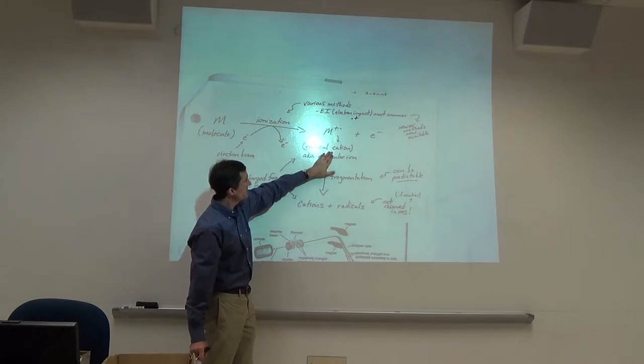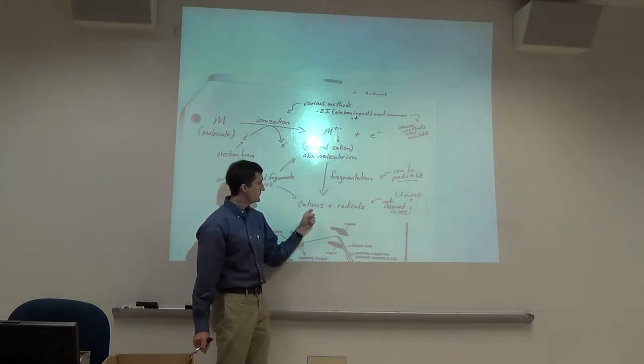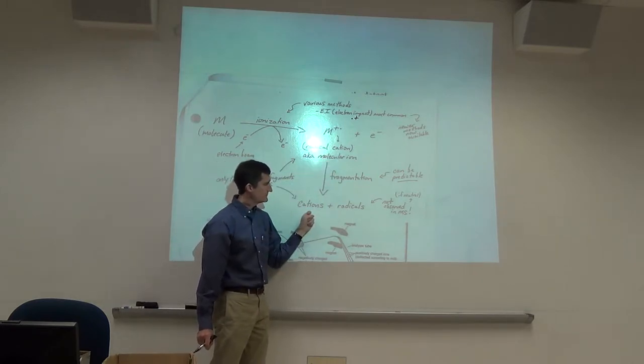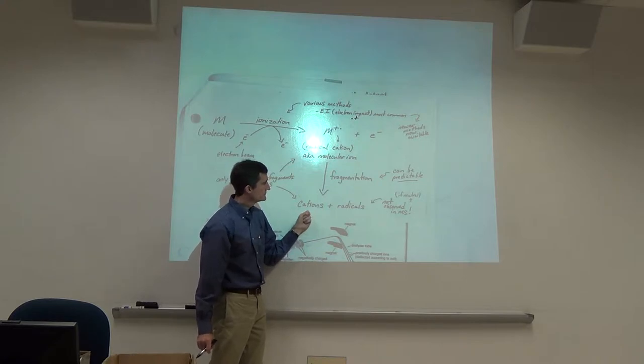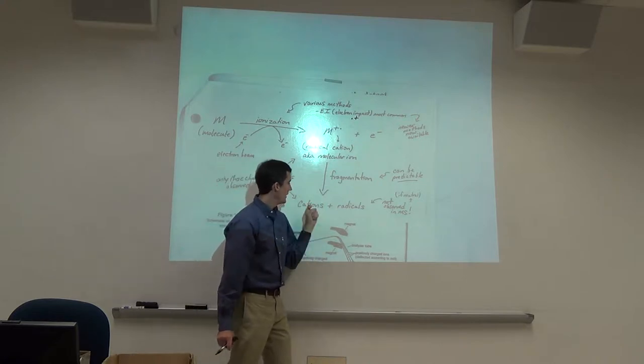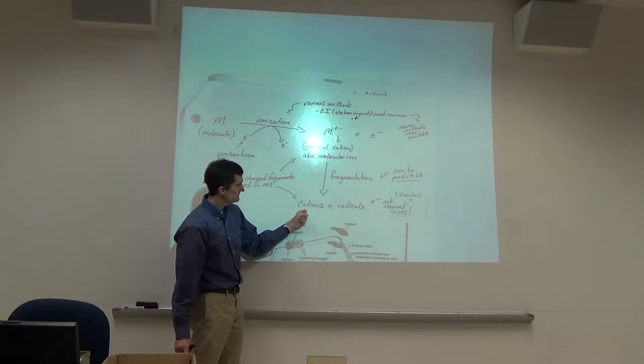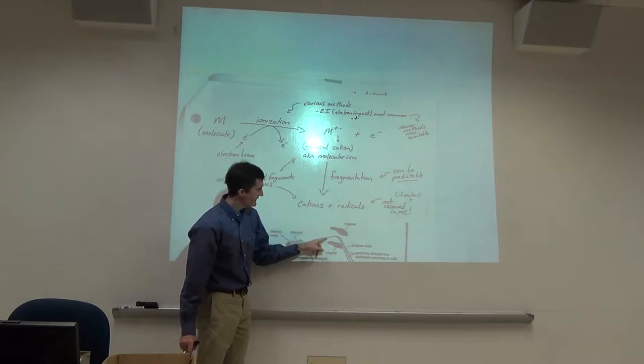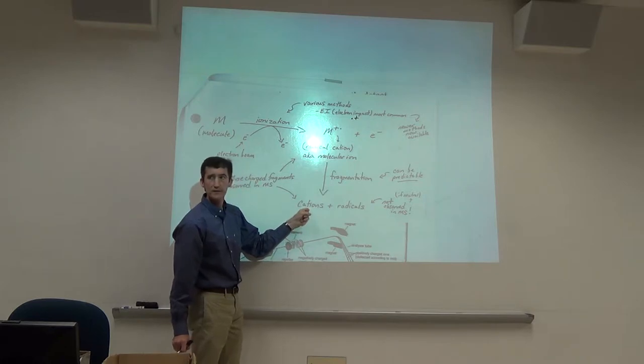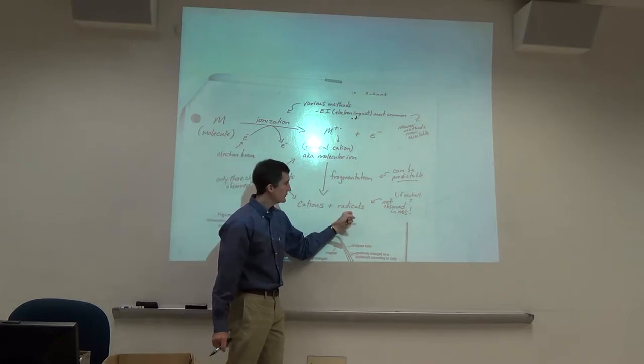Importantly, when the radical cation fragments, it forms radicals and cations. Only the cleaved cations will be observed, because only these will be deflected by the magnetic field, and only these will give a signal. We'll never observe the radicals.